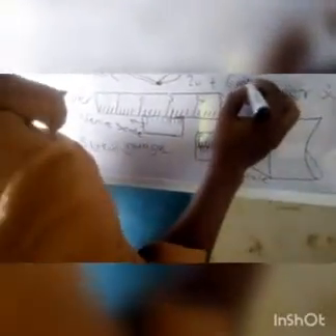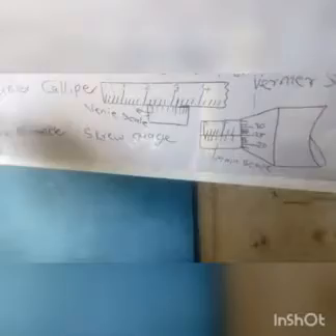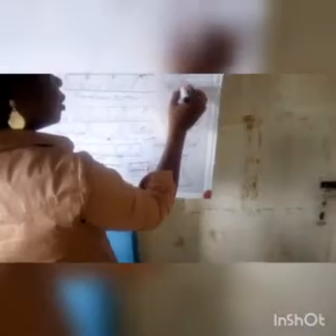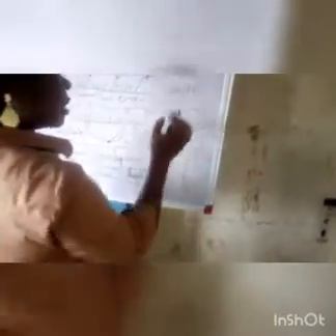I have to add up. If I want it to be in millimeter, it will be 20. Permit me to write here because of space. It will be 20 plus 6. So what will it be now?